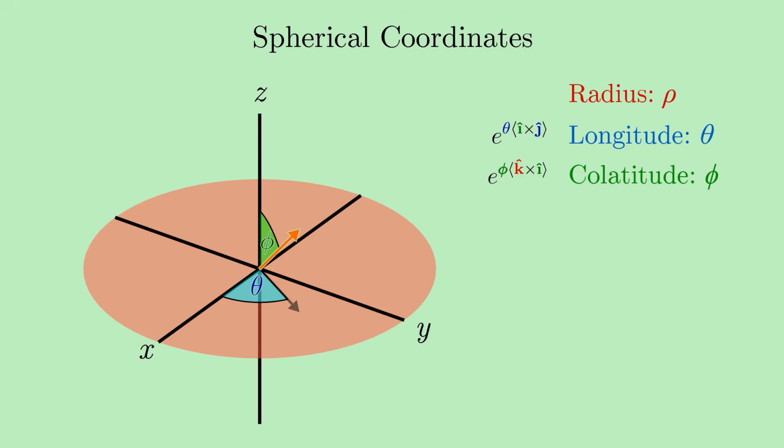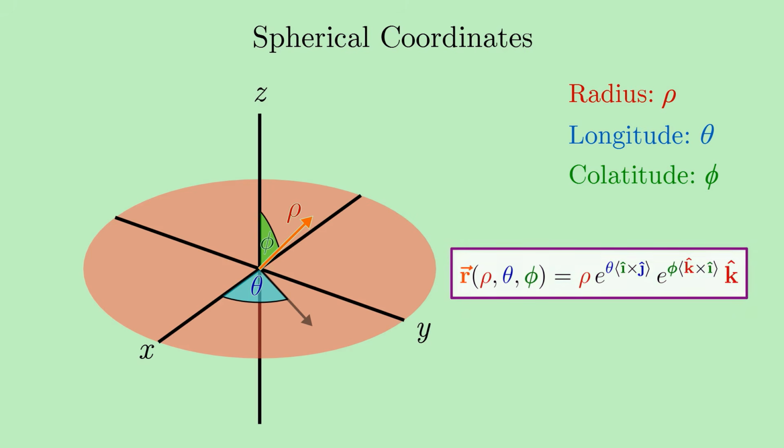And finally, scaling up by ρ is just a simple scalar multiplication by ρ, and so a complete algorithm for computing the 3D vector corresponding to a triplet of spherical coordinates is given by this tight little expression involving the product of two matrix exponentials and a scalar being applied to the unit vector k hat, where, remember, the actions are read from right to left.